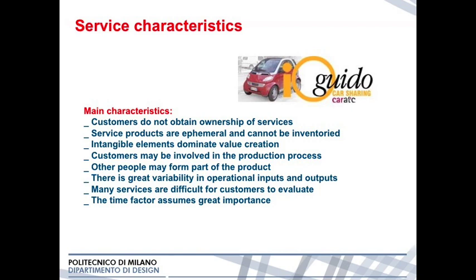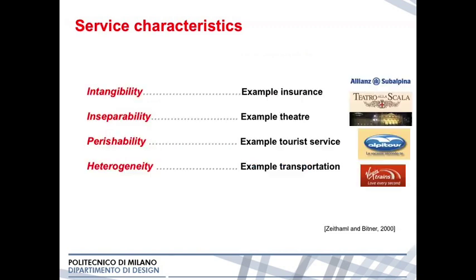They are ephemeral because they are performances. There are many intangible elements that dominate value creation. Also, customers may be involved in the production process. There can be variability in the operational inputs and outputs, and many services are difficult for customers to evaluate because they are intangible. So if I need to acquire an insurance, it's difficult to understand and compare.